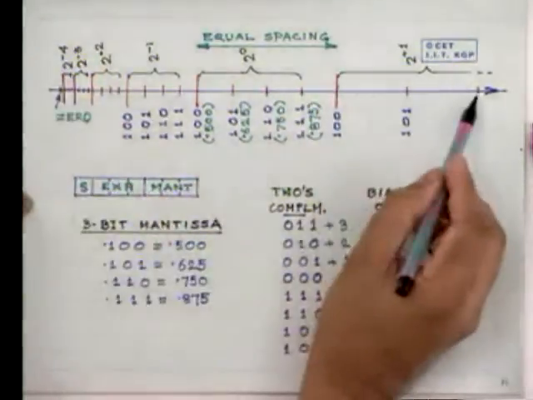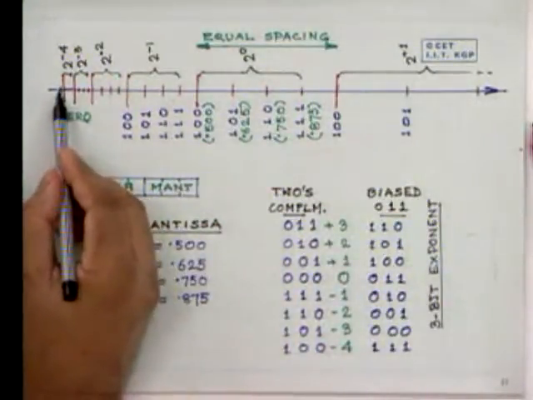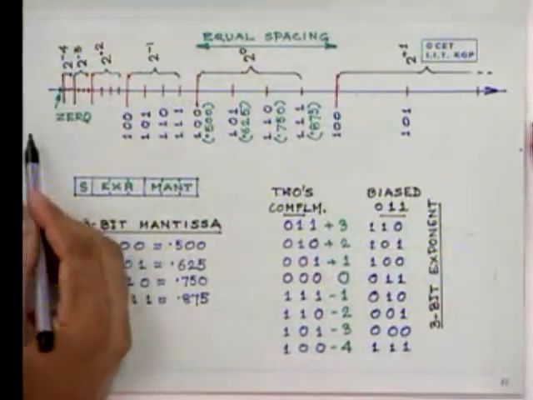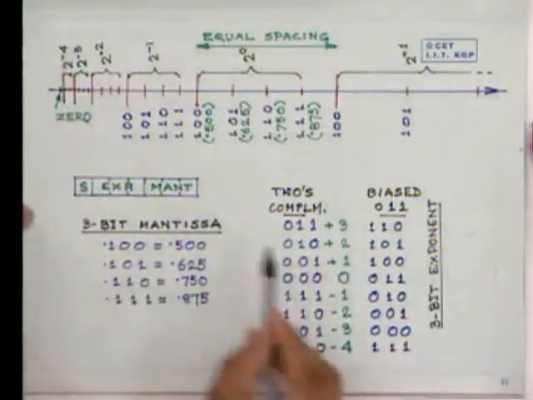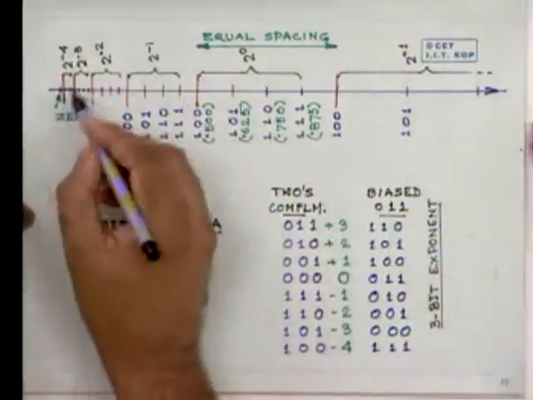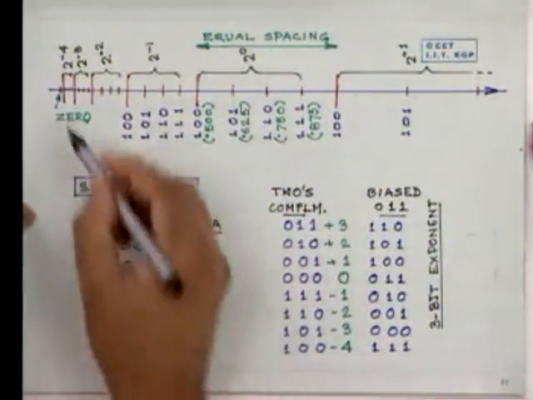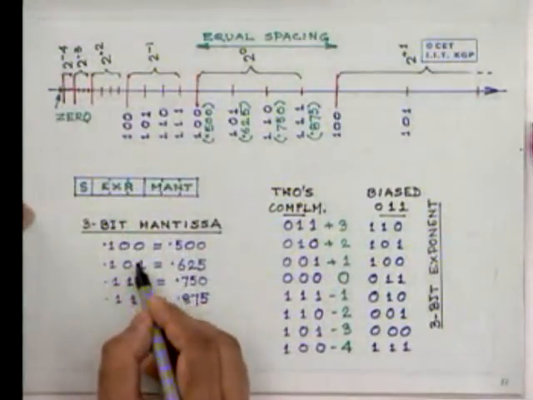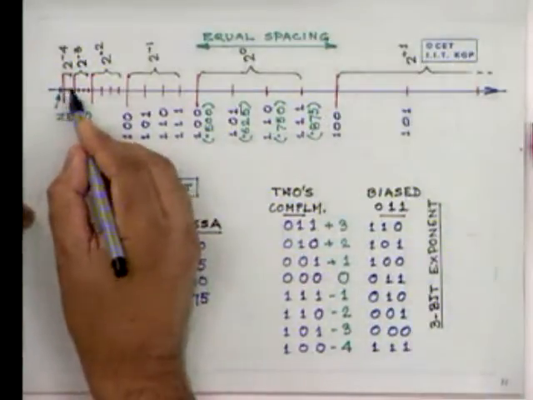These are the only numbers that we can represent. Say, this is a 0 here. Then 2 to the power minus 4, that is the exponent that we have, and for this exponent we can have 1, 2, 3, 4, only 4 numbers that we can represent.